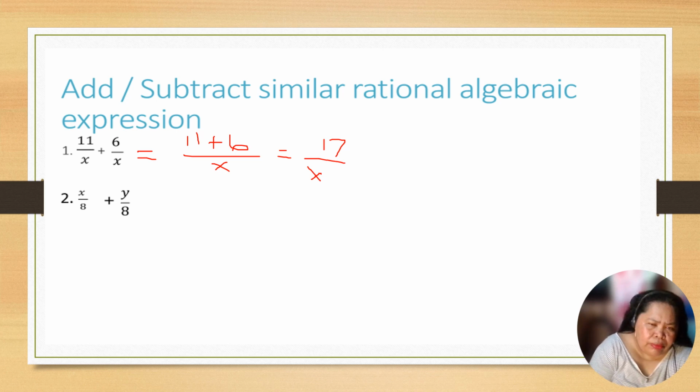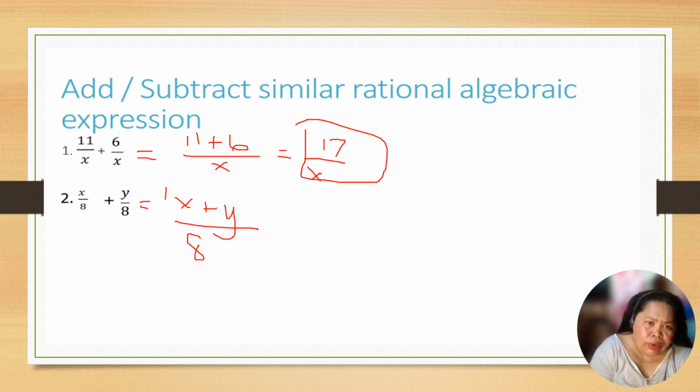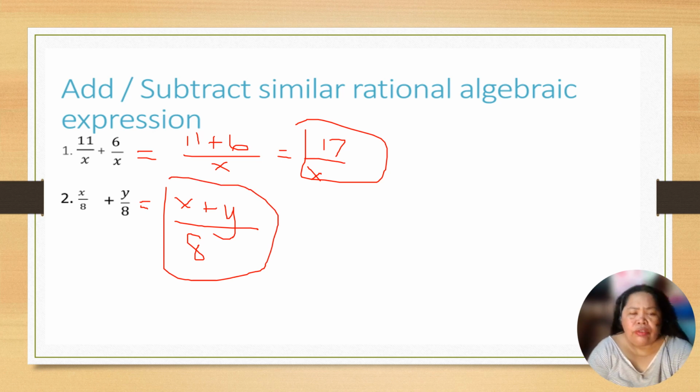Number 2, we have x plus y over 8. The common denominator is 8. This is your final answer. We cannot combine them because they have different variables.